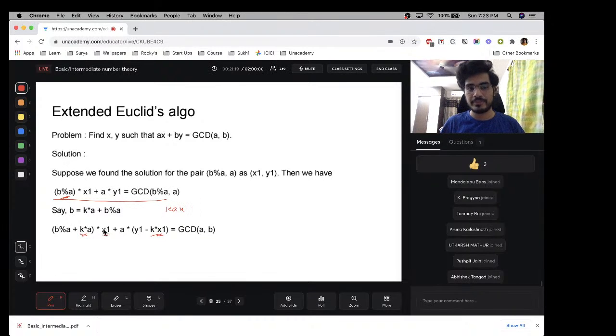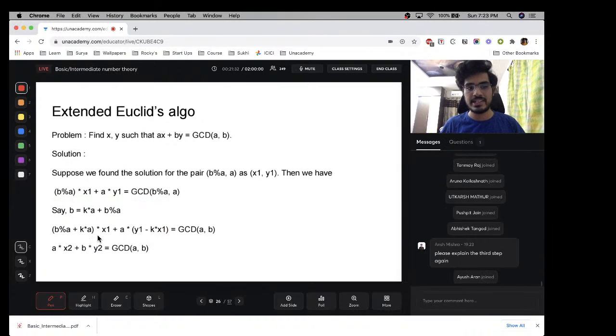Here it's subtracted, here it's added, so we have the same equation. So we can write it as (Ka plus b mod a) into x1 plus A into (y1 minus K into x1). So basically this term can be represented as y2, this is represented as B, and this can be represented as x2. So we can find x2 and y2 using x1 and y1 by this method.